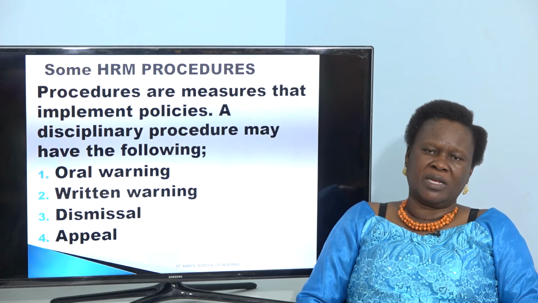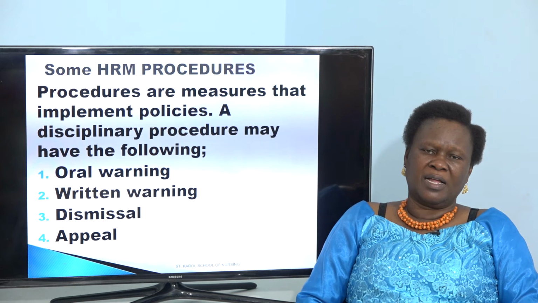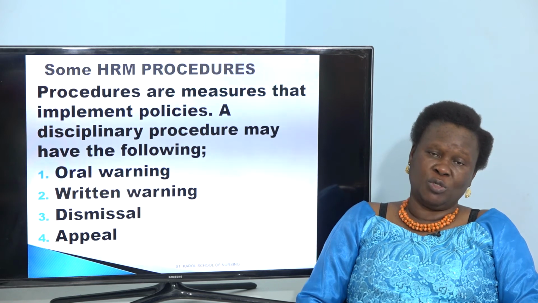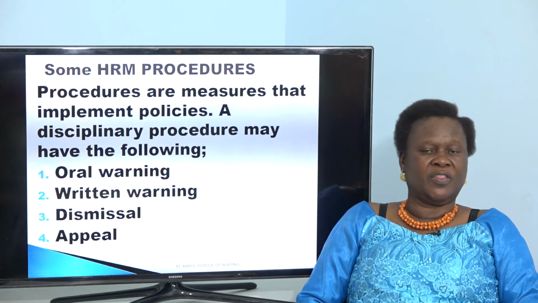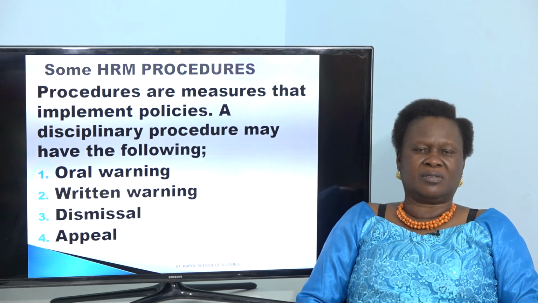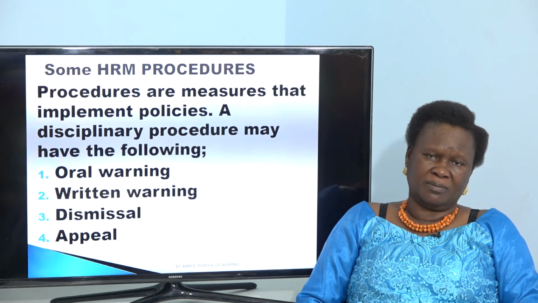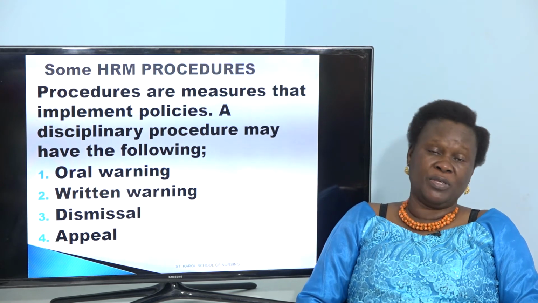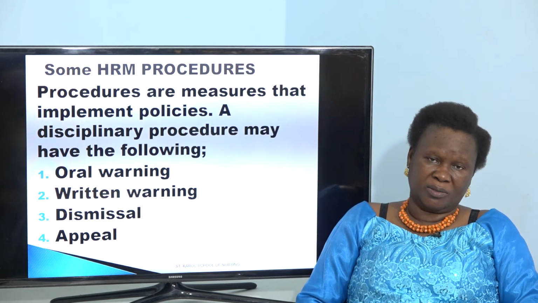So we have a discipline procedure which would encapsulate oral warning, maybe once, maybe twice, maybe three times. Then there is a written warning. Then there is suspension sometimes, and it's followed by dismissal and possible appeal for a second chance.